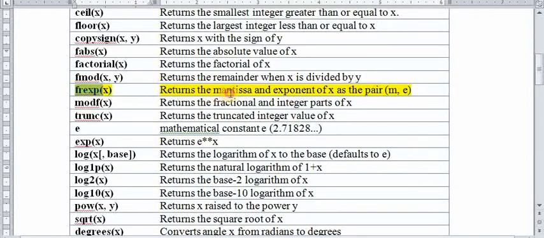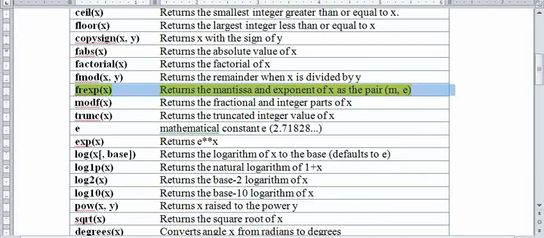Let's move to the next function, that is frexp. It returns the mantissa and exponent of x as the pair m, e. Students, I don't know much about this function, because I have no idea about mantissa and exponent, so for this you have to discuss with your maths teacher. But here I will tell you how to use this function.